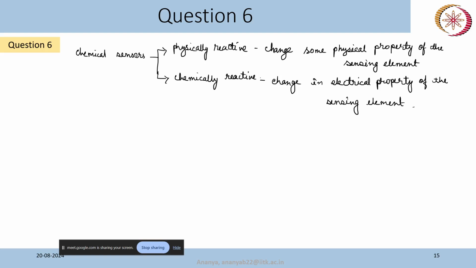Now the other type of classification is direct and indirect sensing, right?